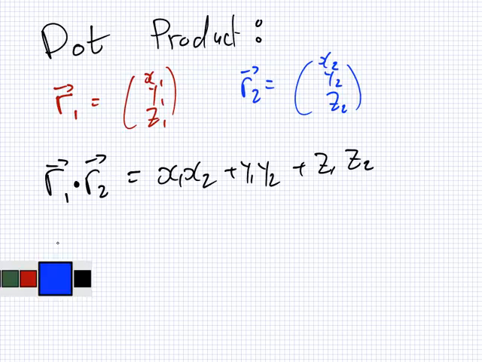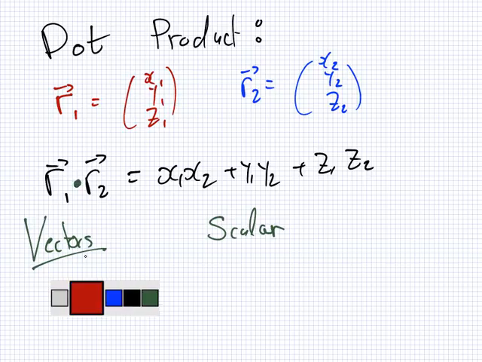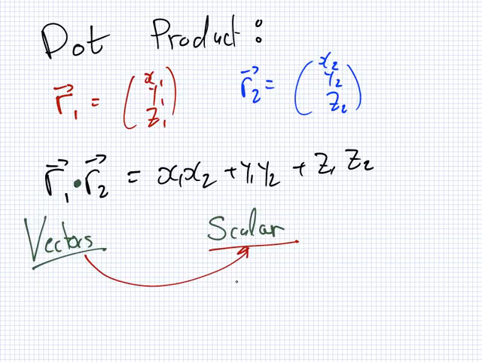What you notice critically is that we start with two vectors, but we end up with one scalar. So this dot product, this dot multiplication, takes you from vectors to scalars.